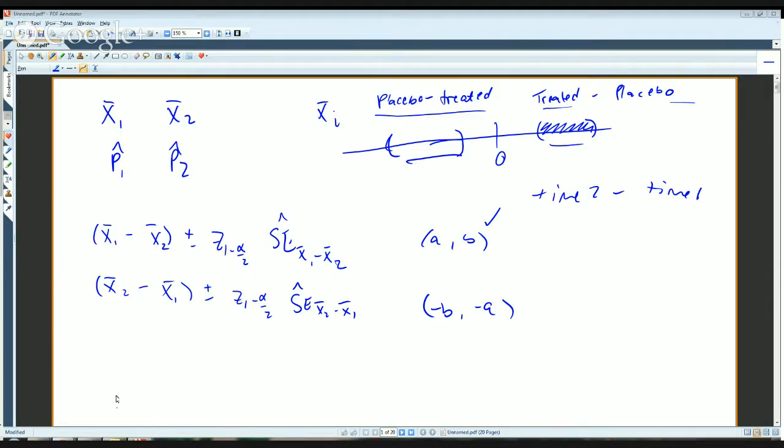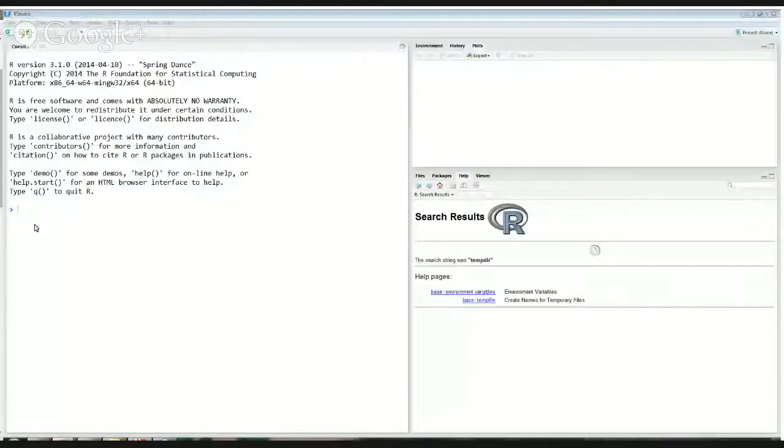Okay, so I think part of the question here is how to actually do this in R. So let me just bring up RStudio. See if I can get a different RStudio. Okay. And then here I'm going to try and grab this.